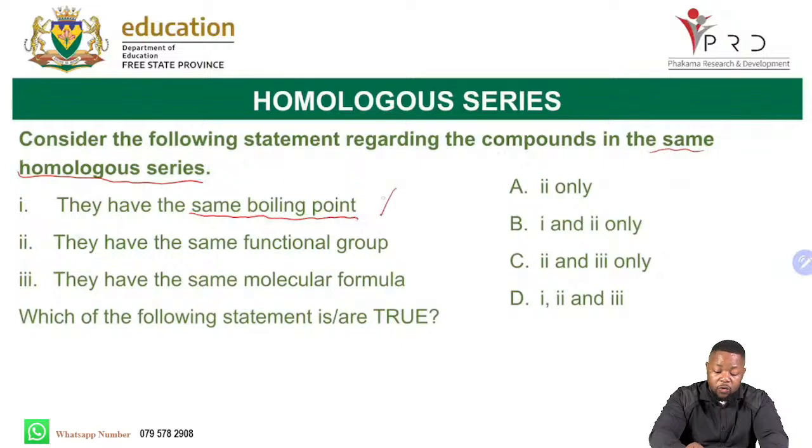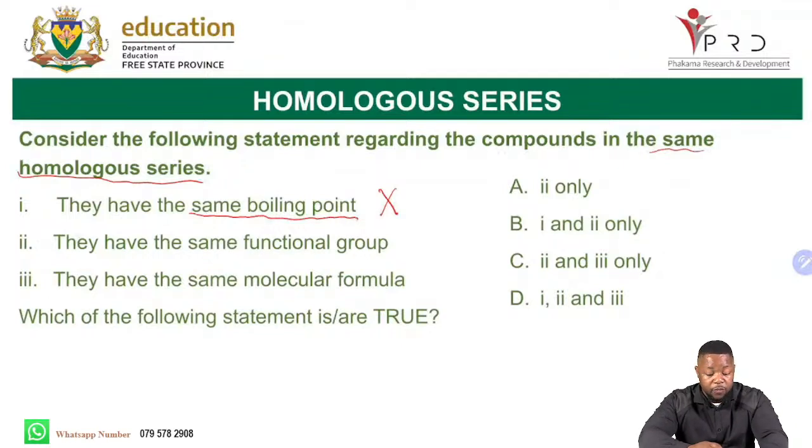That is not true, because this would imply that methane, ethane, and propane should have the same boiling point, which is not true. Methane, ethane, and propane are of the same homologous series, yet they do not have the same boiling point. So Roman figure 1 is not acceptable.